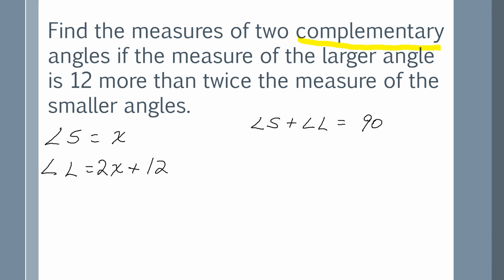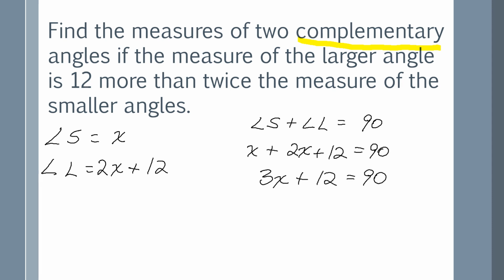Okay. So angle S is x. Angle L, the larger one, is 2x plus 12, and that's going to be equal to 90. So x plus 2x, that's 3x, plus 12 equals 90.